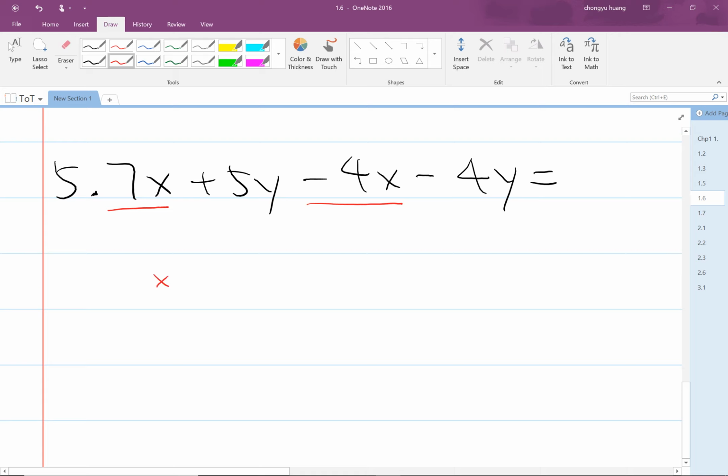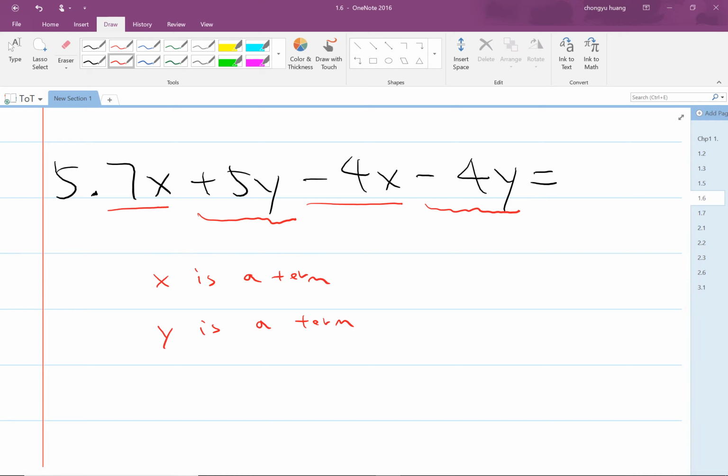So x is a term. But you also see there's a positive 5y and a negative 4y, so y is another term. So you have to treat them differently.